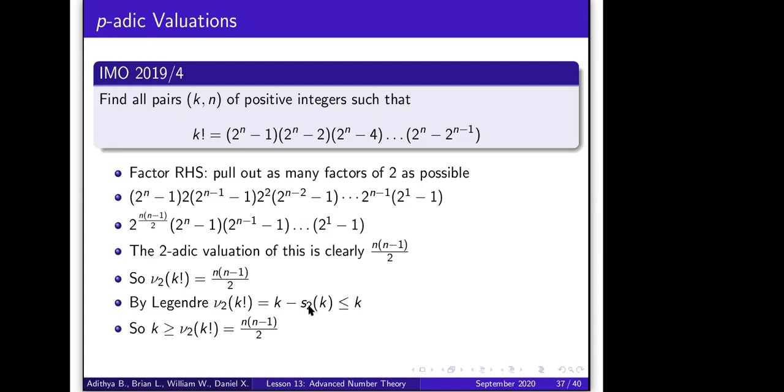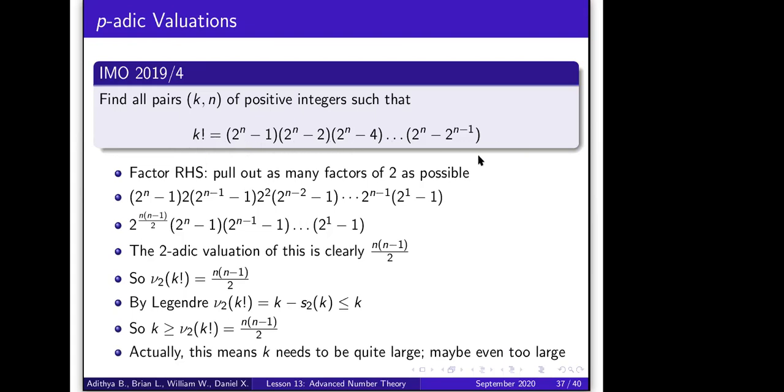Right? And then what does this mean? This means that basically the left-hand side is going to be quite large, and it's possible that it will eventually become too large for the right-hand side, right?